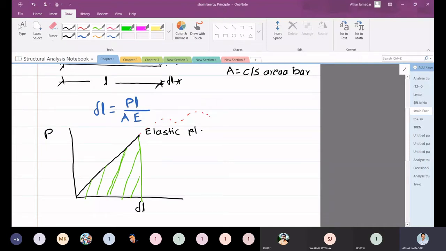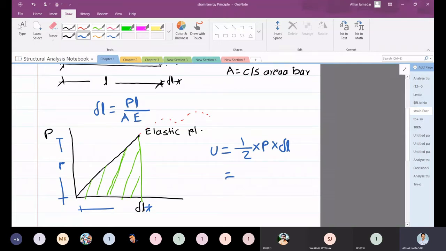This area, which is generally denoted by the letter U, will be one half of P into delta L, where total force is P and total deflection is delta L.